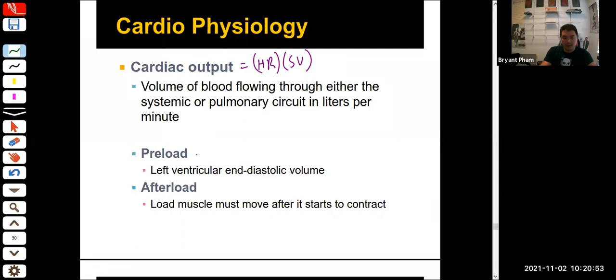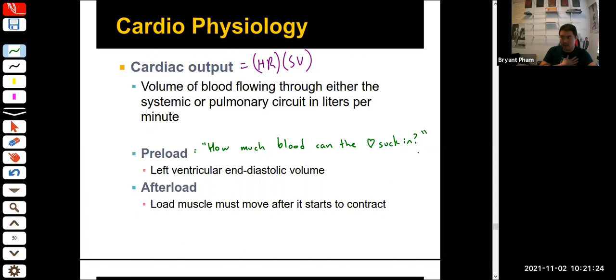So preload is basically how much blood can the heart suck in? Okay, so thinking about this here, the more blood your heart can suck in, the more blood your heart can pump out.